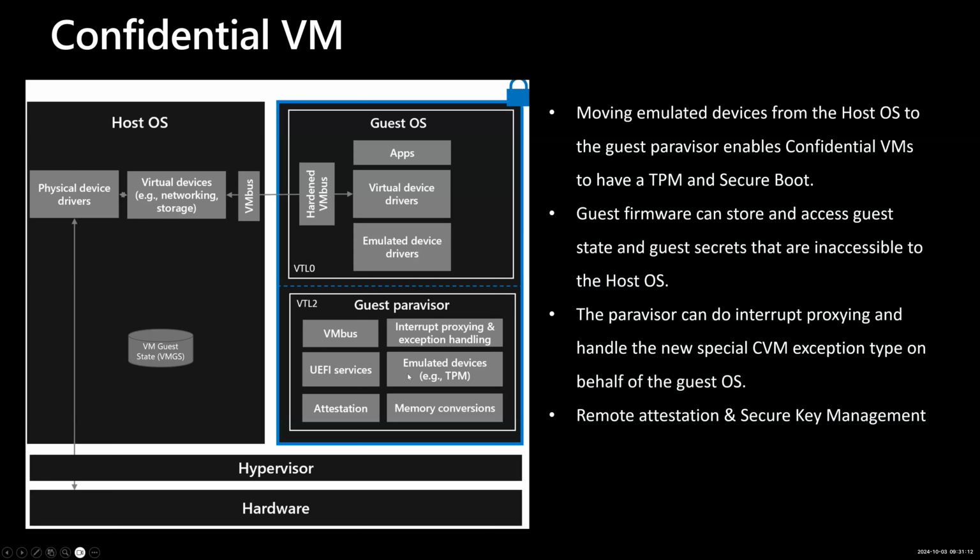Again, the privilege separation between the guest paravisor and the guest OS, which is protected from the host, is exactly what allows this model to work. Something else is we began storing guest state in a new special file that we call the VMGS, the VM guest state file.